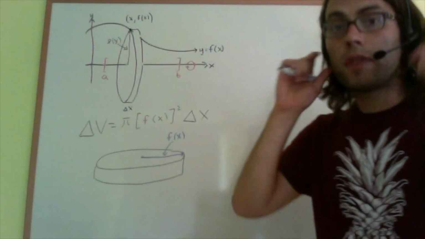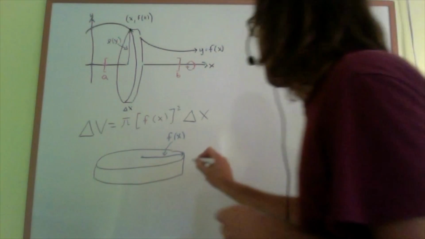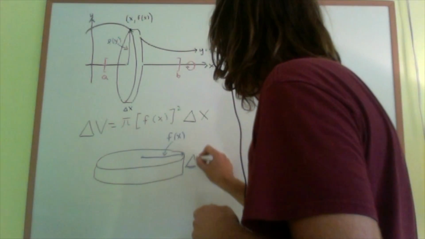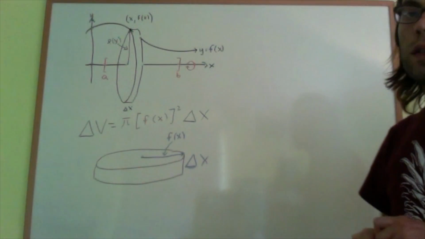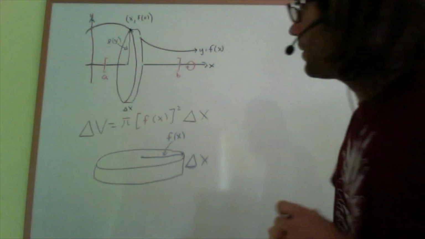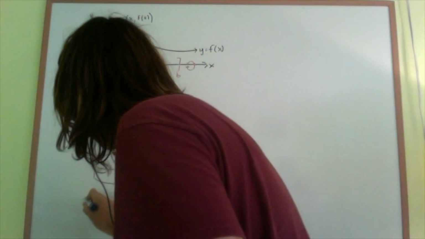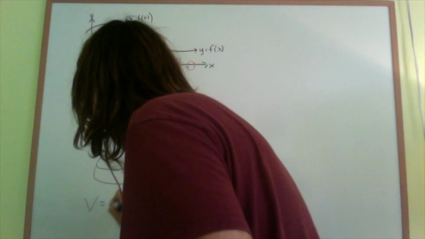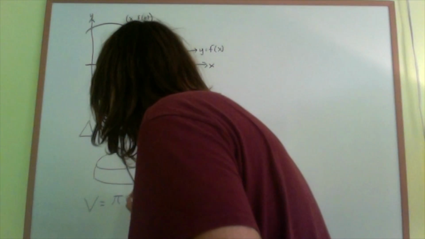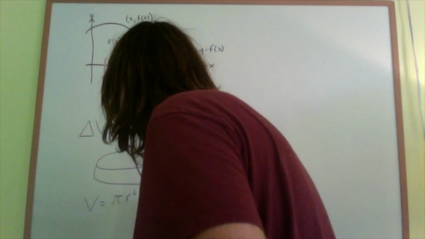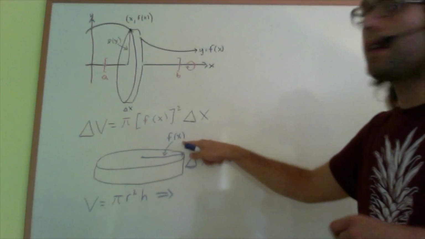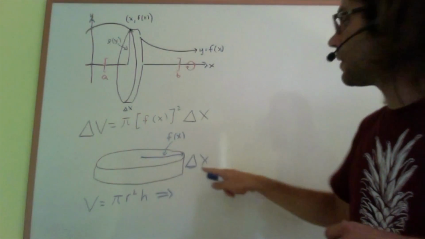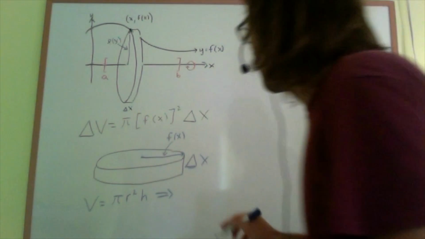And we have the height of our cylinder, which is delta x. And in general, the volume of a cylinder is pi r squared h. So like I said before, the radius is f of x, the height is delta x.